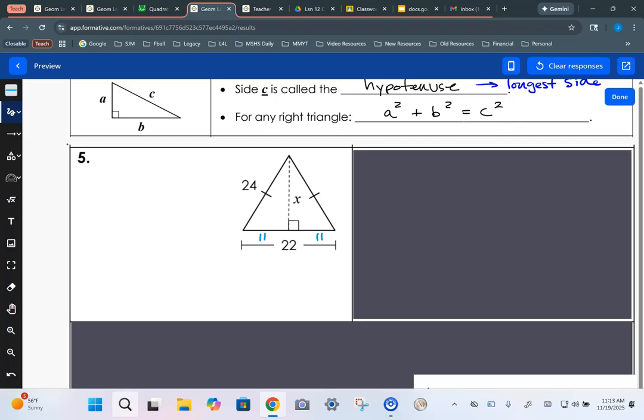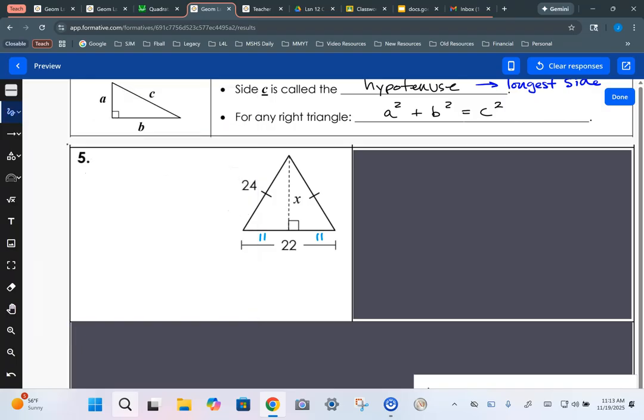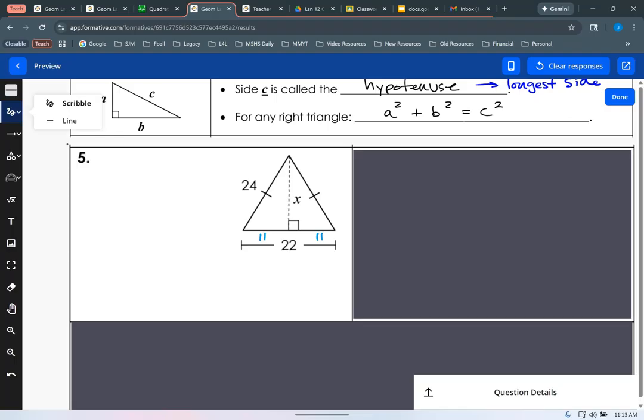So let's see what you can do with the Pythagorean theorem here. Okay, let's see if you got the right setup.